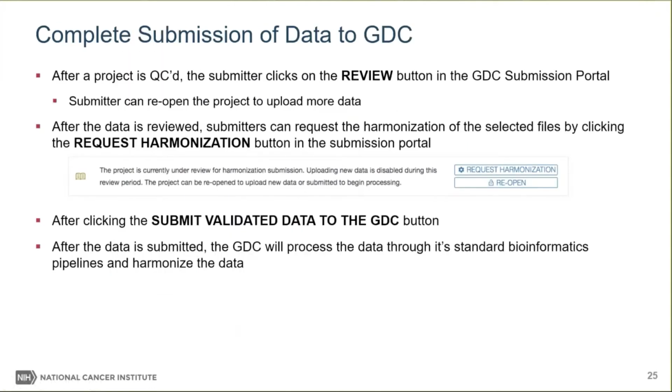Okay, so after a project is QC'd, the submitter would click on the review button in the GDC Submission Portal. This is what I was describing before. Submitters can reopen, so clicking the review button locks the project temporarily so that no other data can be submitted and things are in a static state.